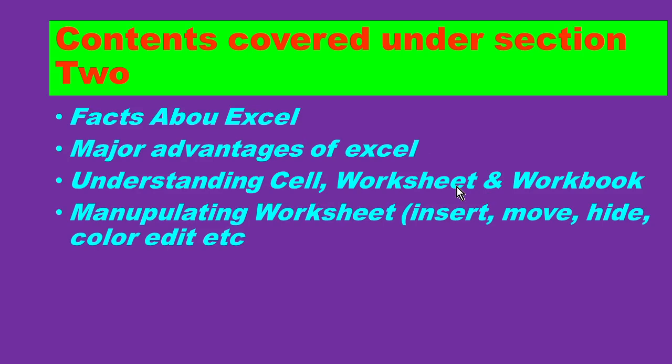I hope you did it at home and exercised the differences and similarities. And finally, we saw how to edit, how to insert new sheets, how to move one worksheet to another book or within the workbook, and how to hide and edit the color.